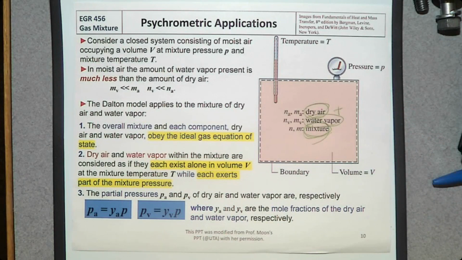Okay, so let's do that. There are some assumptions that we are going to make. In moist air, the amount of water vapor present is much less than the amount of dry air.